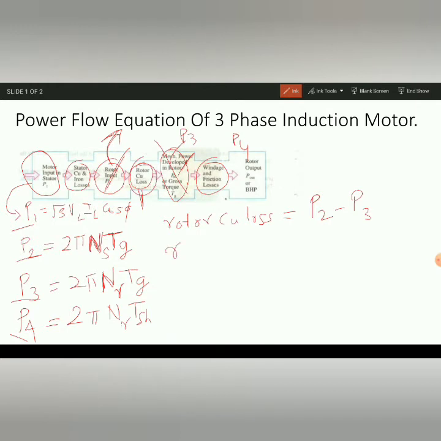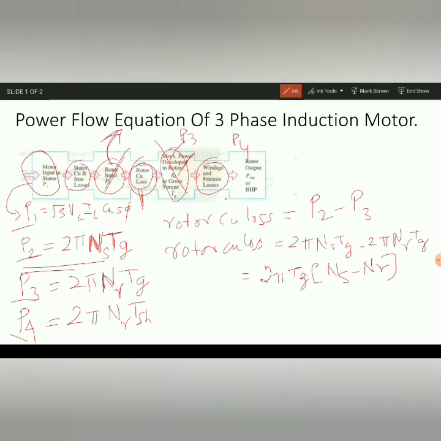So P2 is 2 pi ns Tg, minus 2 pi nr Tg. 2 pi Tg is common, so we can write it as ns minus nr.